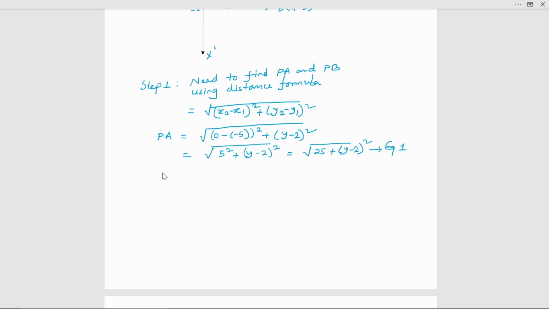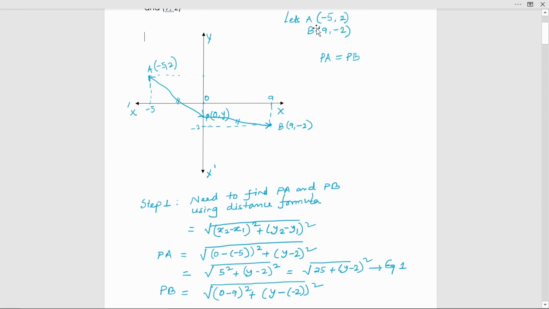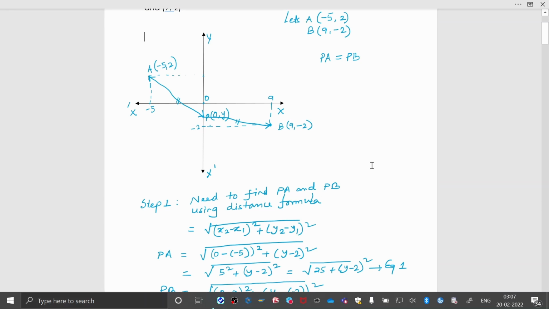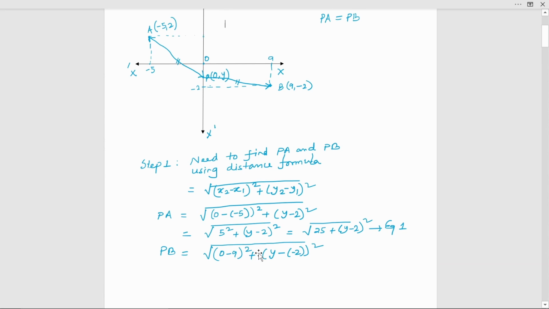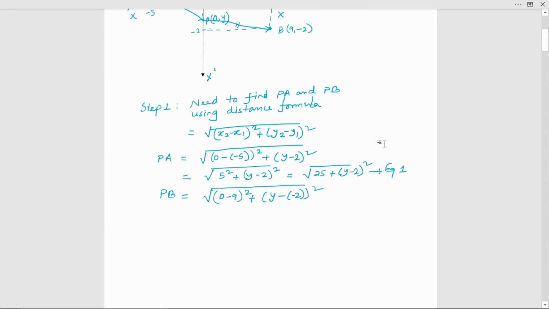Similarly, we have to find PB, which is again the square root of 0 minus 9 square plus y minus 2 square. If we see, this is 9 and this is minus 2, so 0 minus 9 square plus y minus of 2 square.